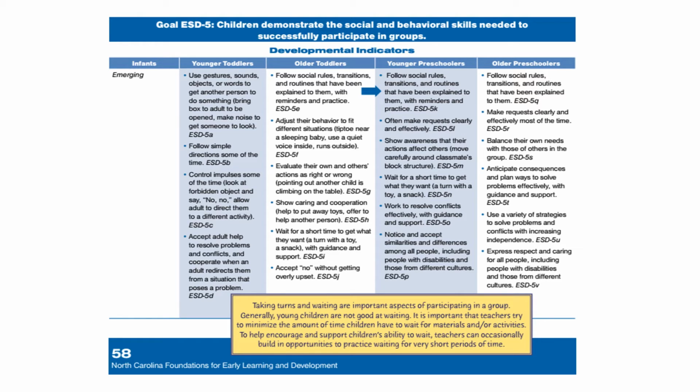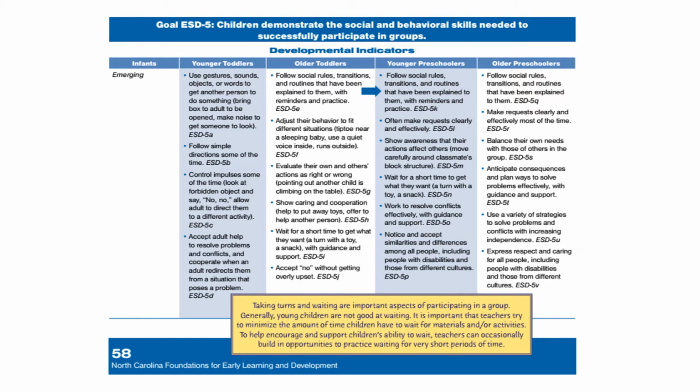And then we know that ESD Goal 5 falls under the category of developing a sense of self with others. That would be on previous pages, because actually Goal 3, 4, and 5 fall under developing a sense of self with others.